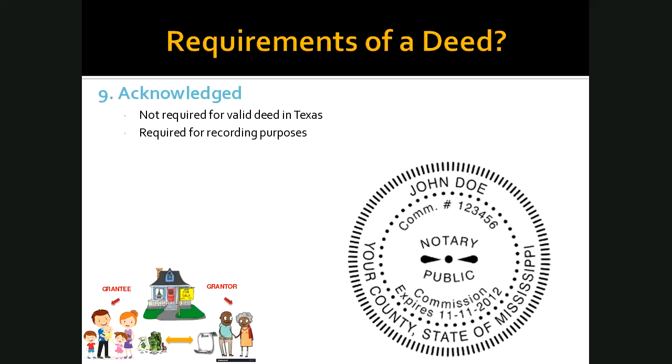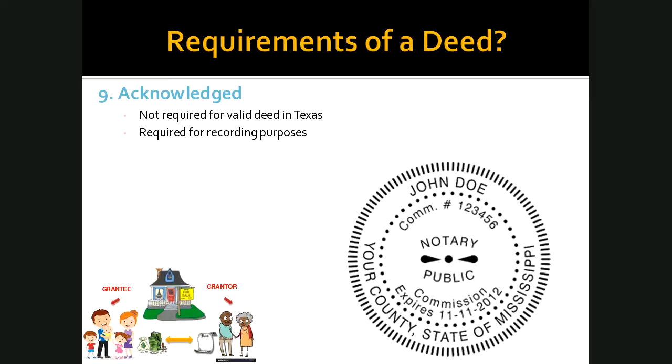So what do I mean when I say not required for a valid deed, right? So if we have our happy family who wants to buy a home and our folks who want to sell a home, they can exchange the money for the deed, and the deed does not have to be acknowledged, which means notarized, right, by a notary public.